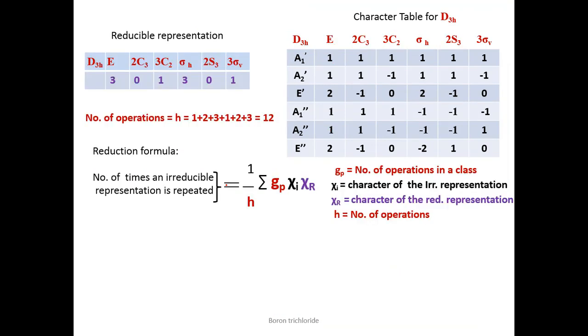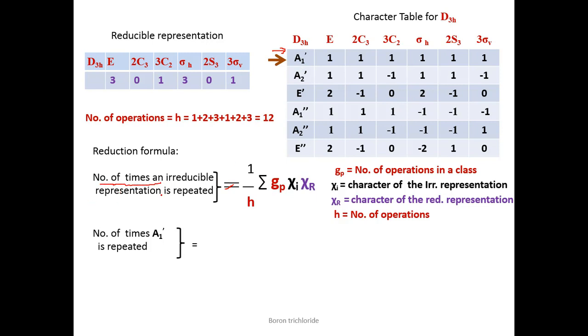Now let us get on to the aspect of reduction. First we will go for the first irreducible representation. When you say first irreducible representation, what I mean is A1 dash is an irreducible representation. What are you going to find out?